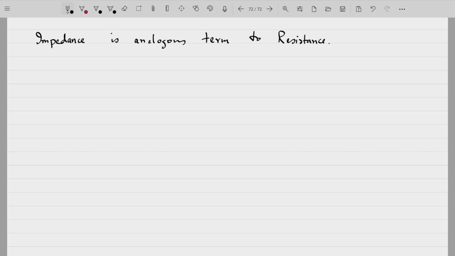If we talk about resistance, what does resistance do? As the resistance increases, the magnitude of current decreases in a DC circuit. So resistance only alters the magnitude of current.